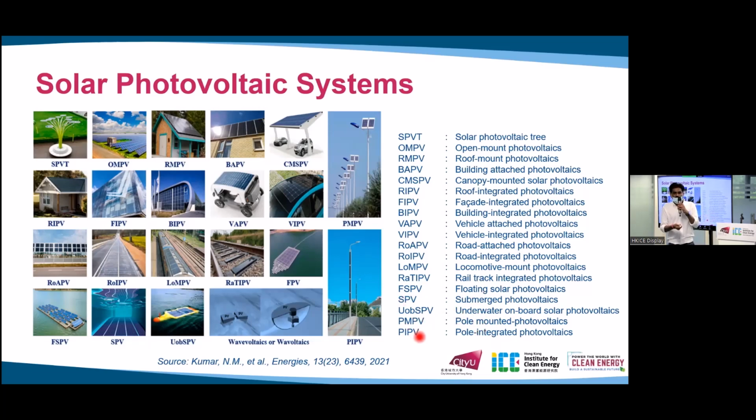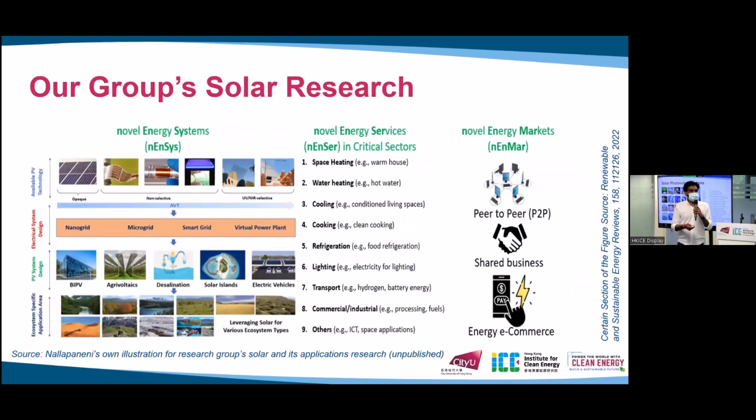These have become very popular very recently because LED lights have become more popular on road infrastructure. These are low power devices, so people have started coming up with the concept of glass fiber poles integrated with solar cells. And also we have overhead systems. So this is how solar photovoltaic systems are installed in the real environment.